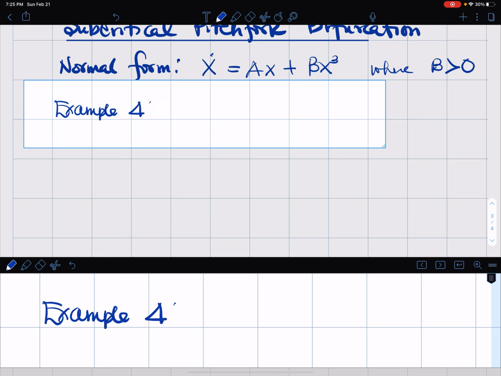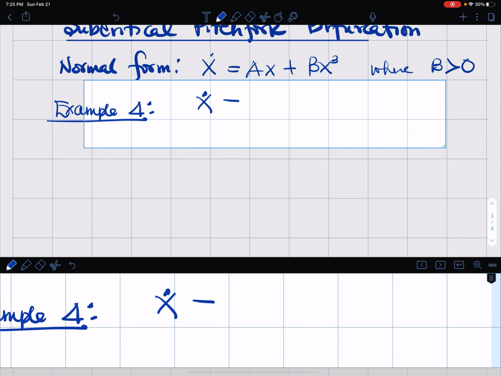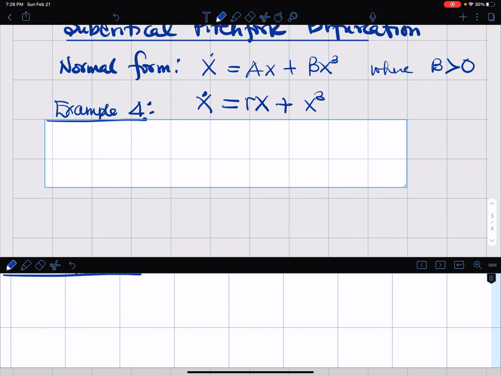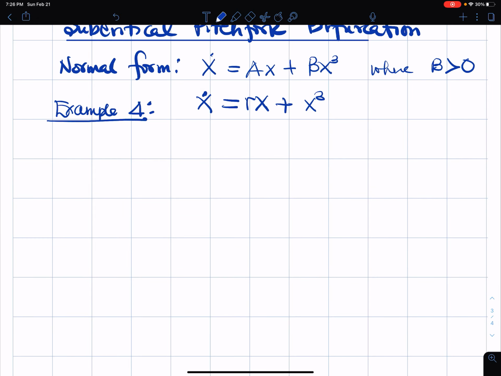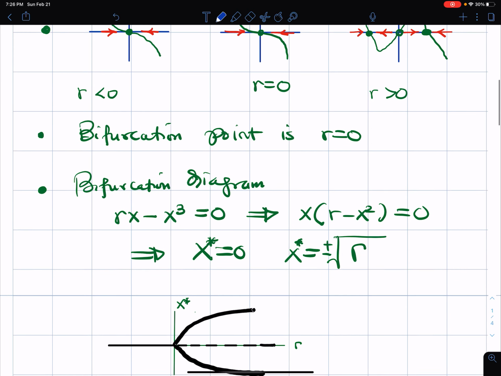Let's try to rehash our old friend rx minus x squared, but now let's do rx plus x cubed. If you follow the same steps, things will just flip in this case.